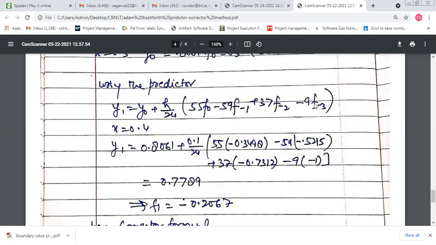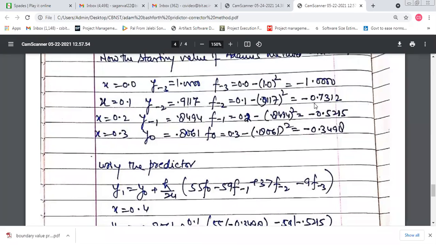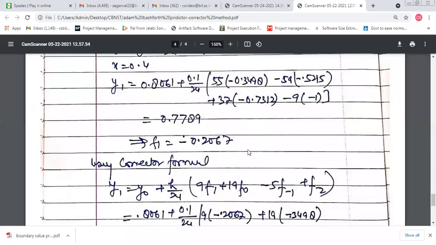This requirement can be overcome by applying the Runge-Kutta method to find out the values of y at 0.1, 0.2, 0.3, and designating all these values as y minus 3, y minus 2, y minus 1, and y0, and then evaluating the function value at f minus 3 by putting x is equal to 0.0 and y is equal to 1.1, and so on. So that is why this example has been discussed.